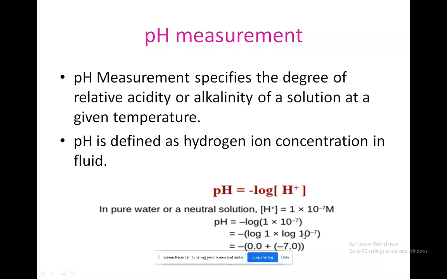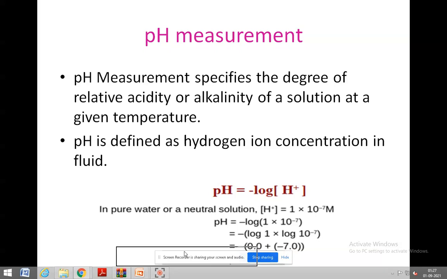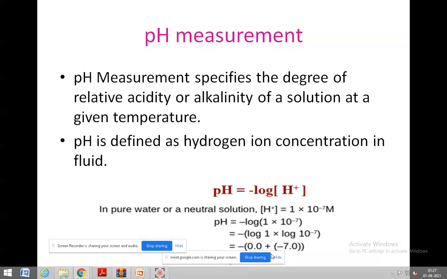So minus into minus becomes plus 7, which will be the answer for pH. So the pH value for pure water is 7.